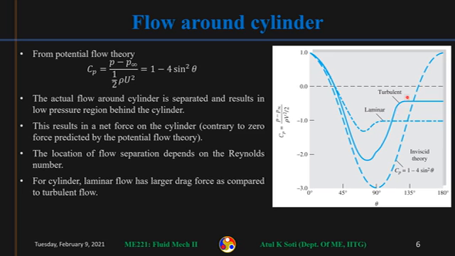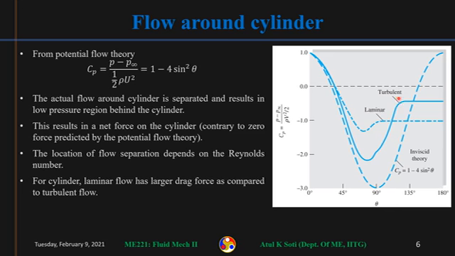But you will notice that in the turbulent case, the pressure in the wake region on the back side is higher as compared to the laminar case. Separation also occurs much later on the cylinder. So separation here occurs somewhere close to 90 degree, and here it is occurring somewhere close to 120 degree.